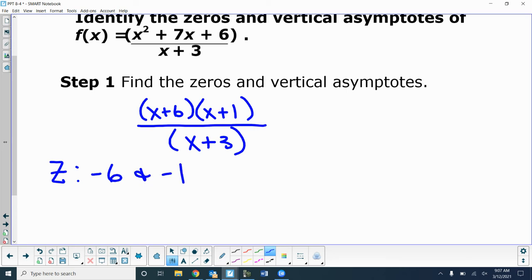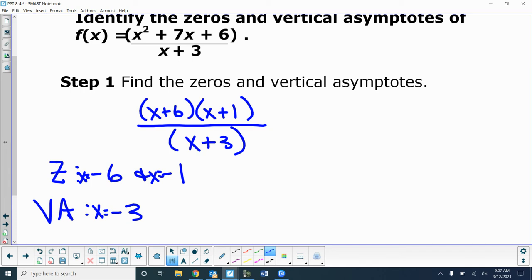You guys okay with that? And my vertical asymptote is x equals -3, right? That's all you have to do. Once you learn the rules, it's pretty easy. You still got to be able to factor though, right?